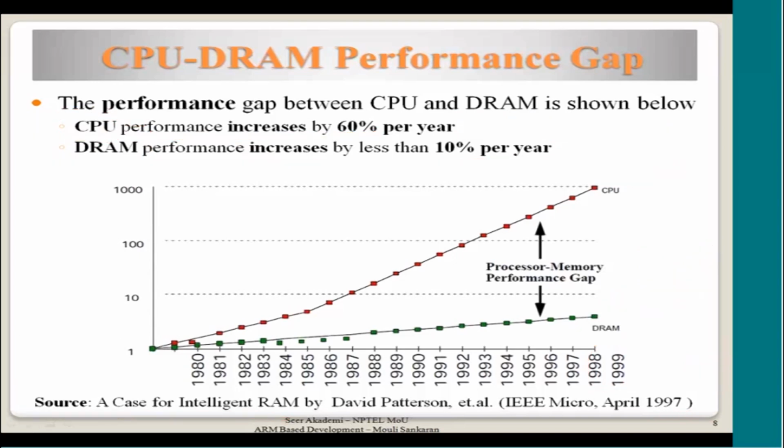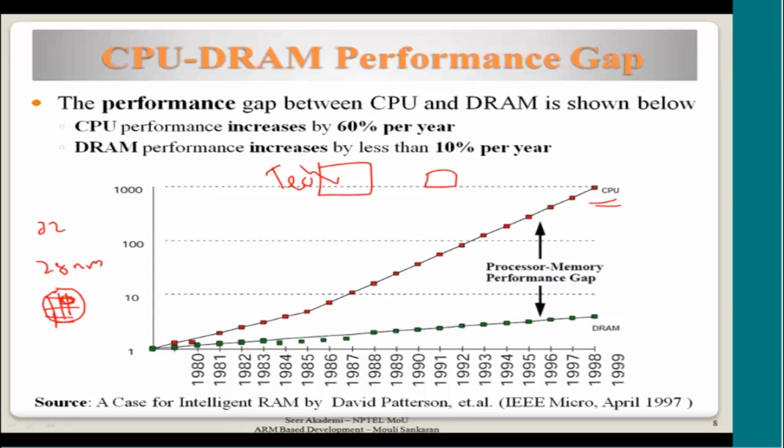So effectively, what is happening? The CPUs are becoming much more powerful. It's not only the processor architecture, but also the processor technology. What I mean by processor technology is, you might have heard about 32 nanometer, 28 nanometer technology. When you have a wafer, the technology we use to etch the circuitry inside the wafer decides how much you can pack into a particular chip.